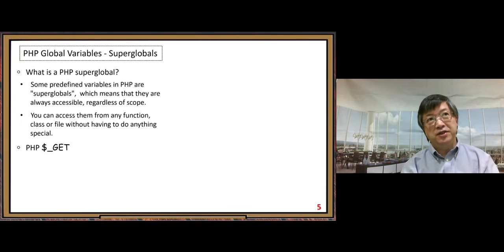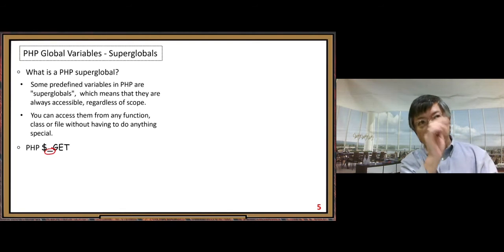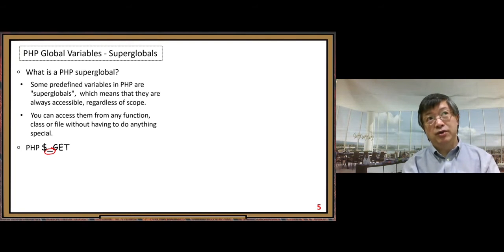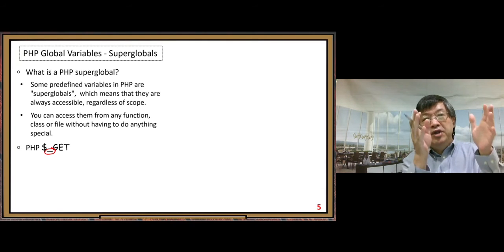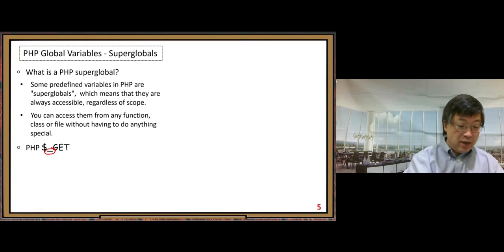Do not use lowercase. Here you can see we use an underscore to let people know these are very special variables, not normal variables.